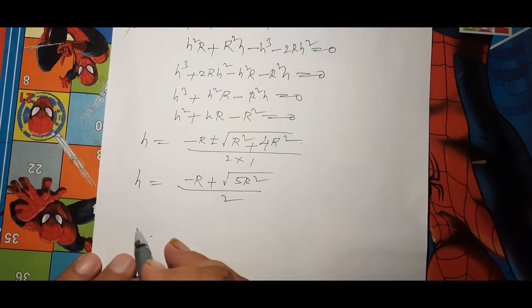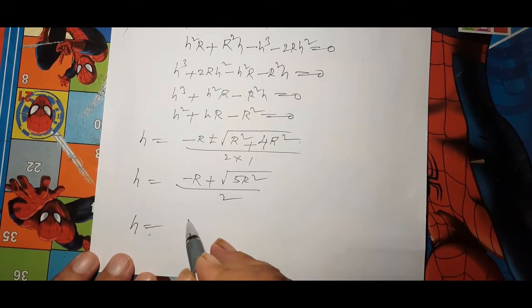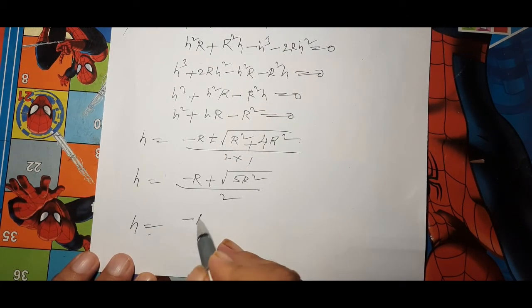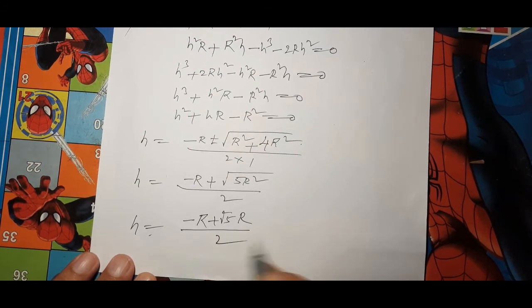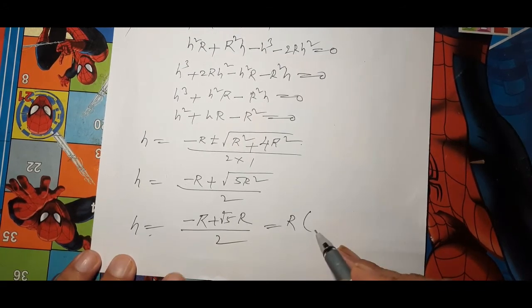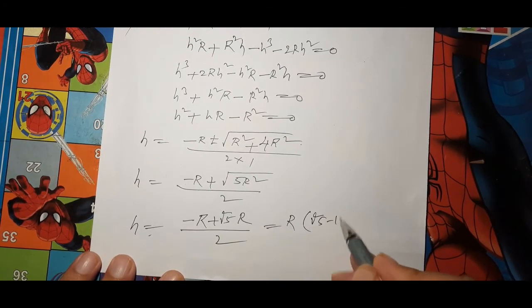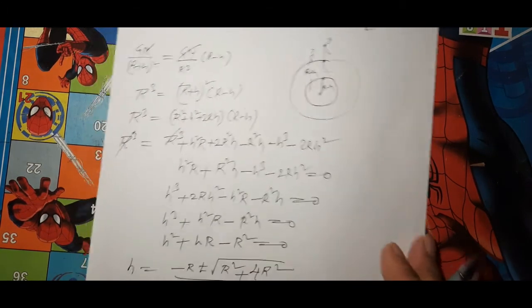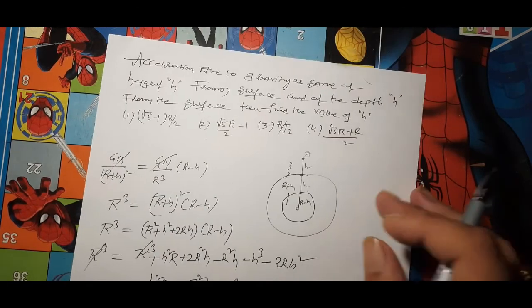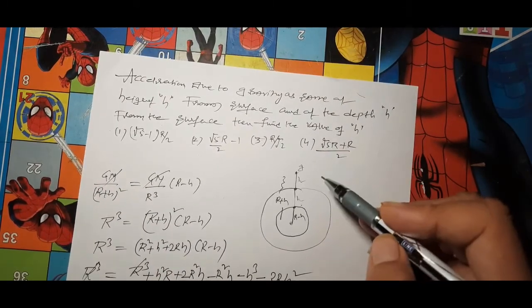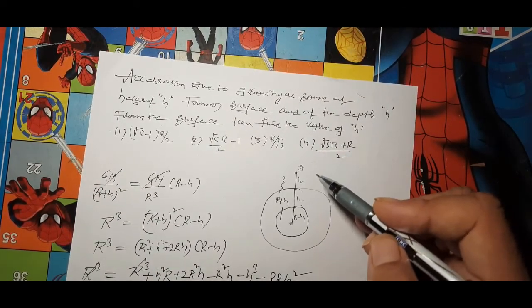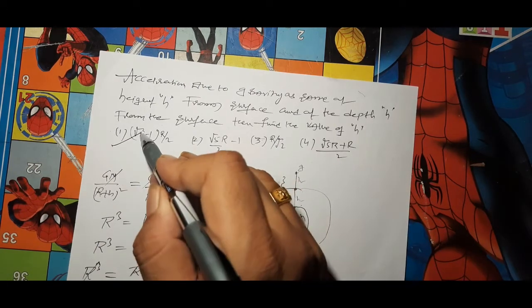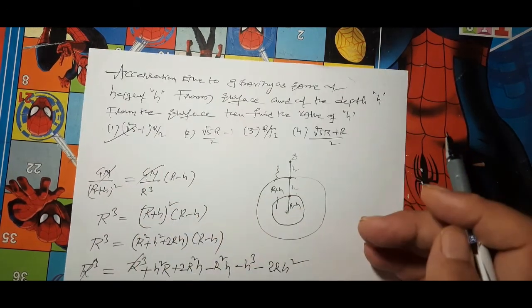So here h is equal to minus r plus root 5 r by 2. That is equal to, take r common, r into (root 5 minus 1) by 2. So this is the answer of this question. So what is our correct option here? Root 5 minus 1 into r by 2. This is our correct option.